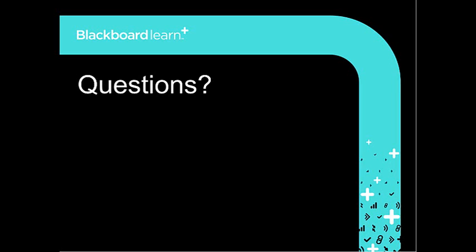So the LMS itself is set up to be accessible, but some of the interactions can be challenging for instructors, definitely those who are blind or have some vision issues. If there are specific workflows that you want to send off to us, we can investigate further and maybe give you some strategies on how to help.